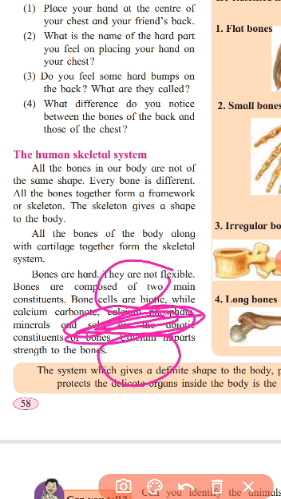It helps the two bones to work. If it is not there, then there is muscle pain. Mostly it happens to old people, like grandparents.